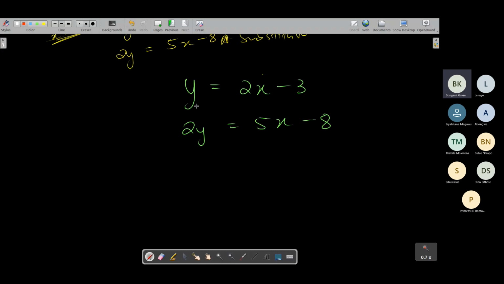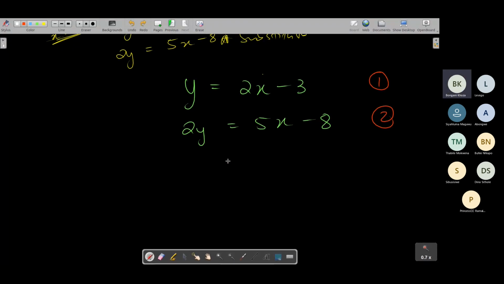If we are trying to remove y, we can find a way to make this y disappear either by adding or subtracting. This is our equation 1, this is our equation 2. If we want this y to be 0, we have to make sure that we have a 2 here. So we have to multiply the whole equation by 2.